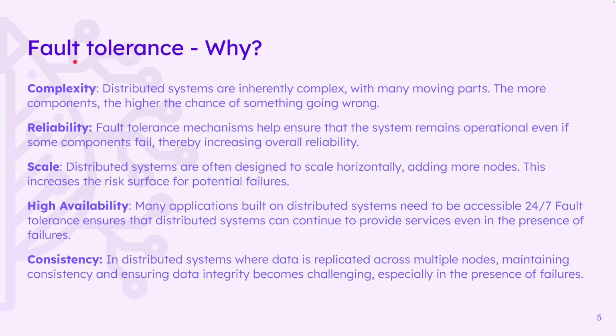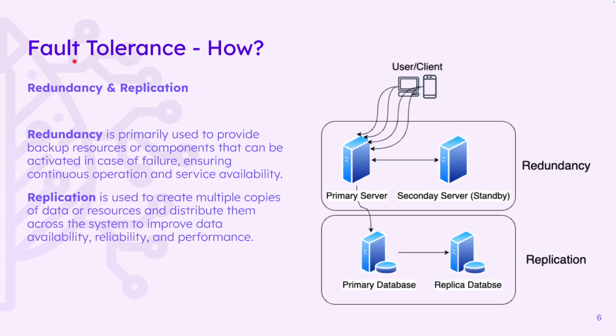Okay. Yeah. So the first two things that they said are redundancy and replication. So yes, redundancy and replication are two ways of achieving fault tolerance. I want to emphasize redundancy and replication, the difference between them is a bit subtle.